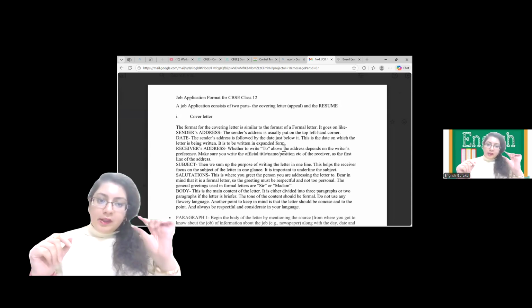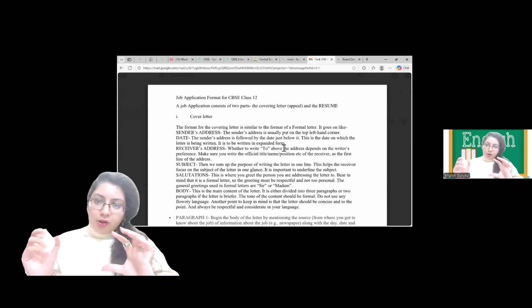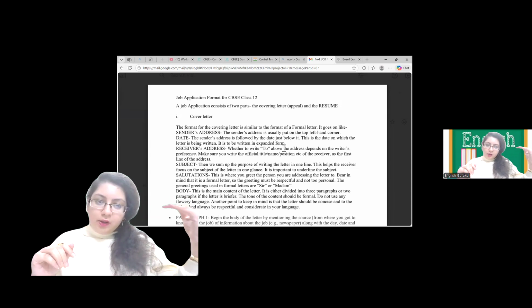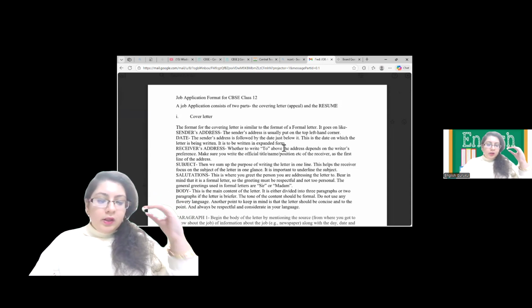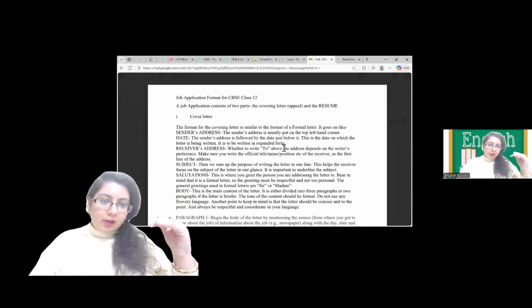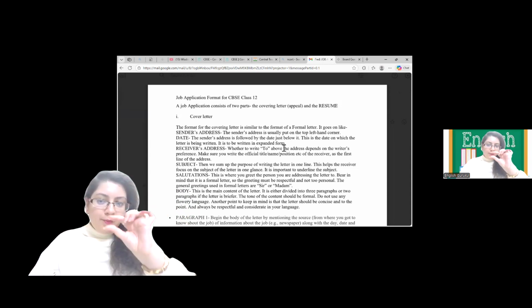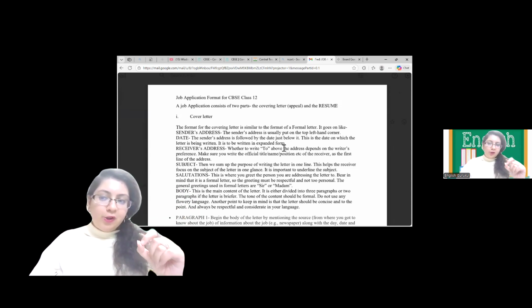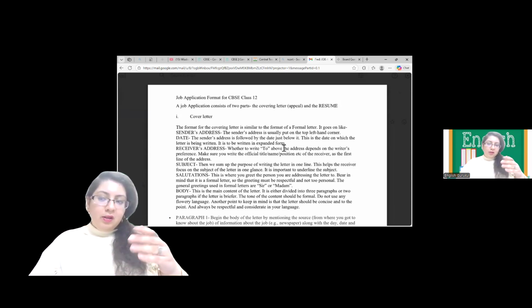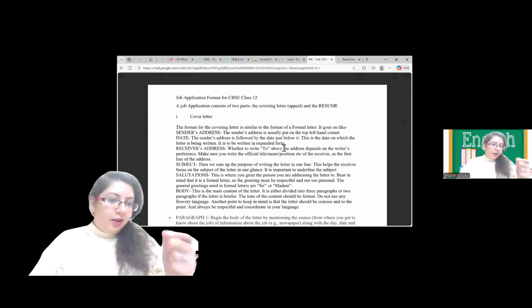It goes like this: sender's address. The sender's address is usually put on the top left hand corner. Then we come to the date, similar to a letter.